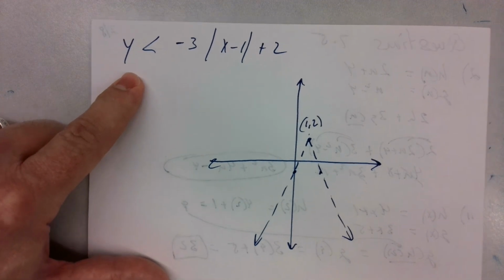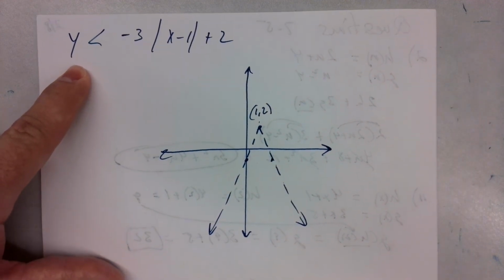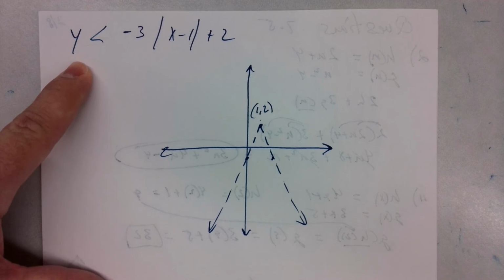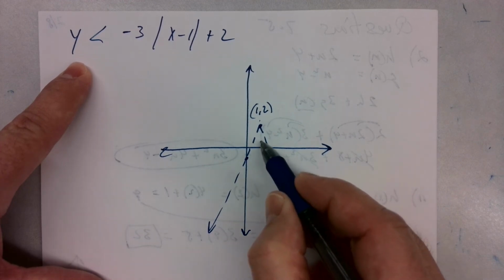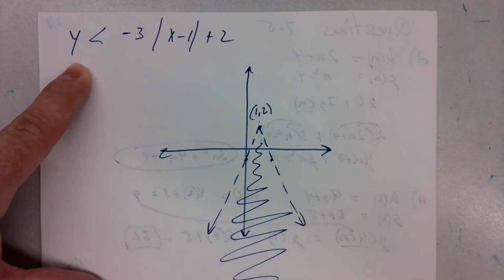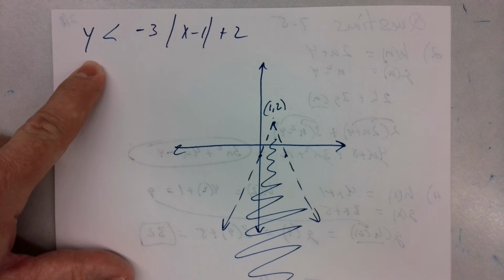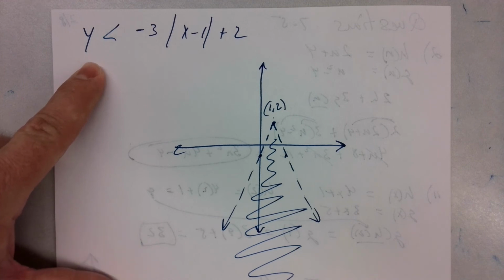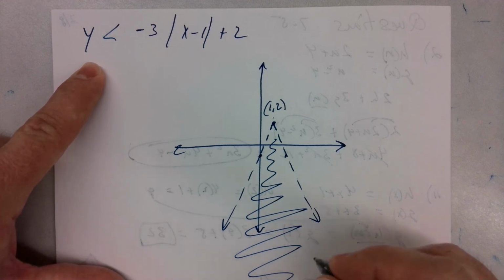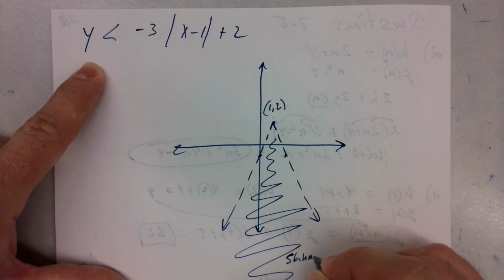Now, y is less than. Where is something that's less than me at? Below me, right? Well, where is below me on that graph? Yeah, it's going to be just like that. Probably wouldn't hurt. I don't think I specified. Did I specify that?